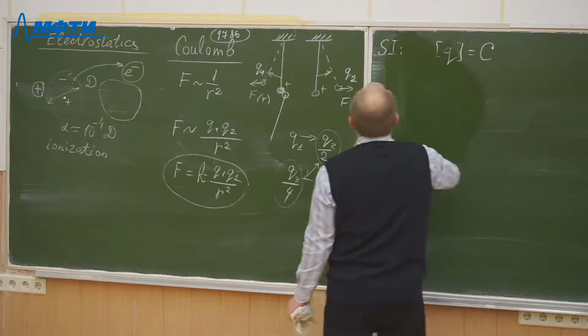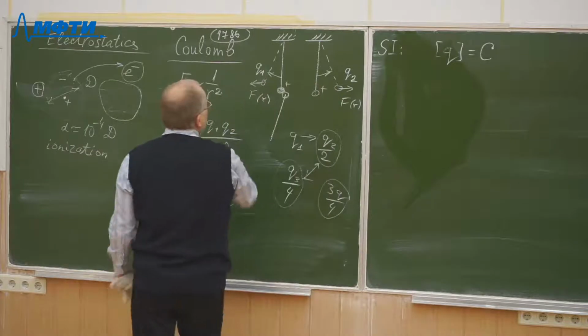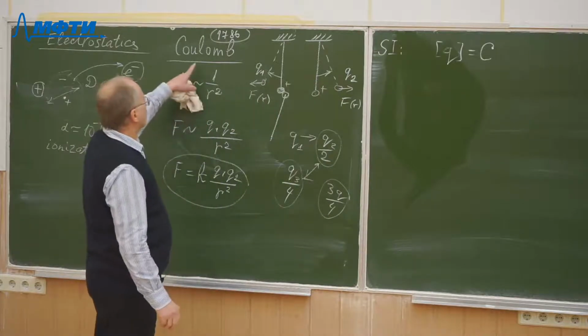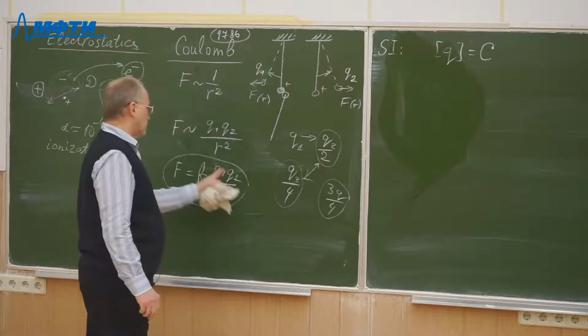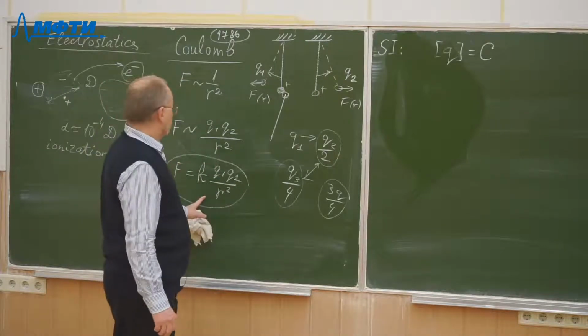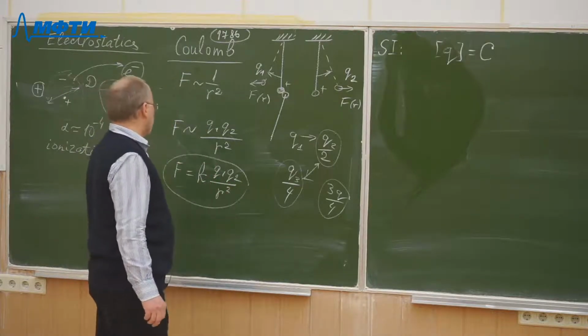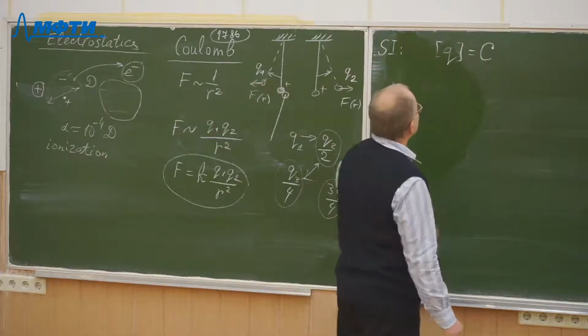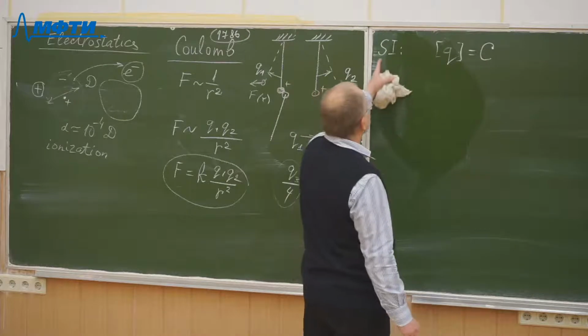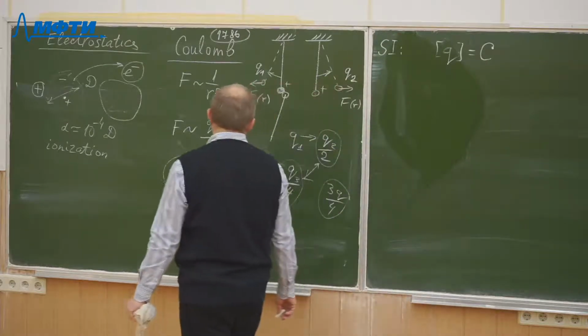The coulomb is named to commemorate the scientist who discovered the Coulomb law of interaction of point charges. So 1 coulomb is the unit of measurement of charge in the SI system.